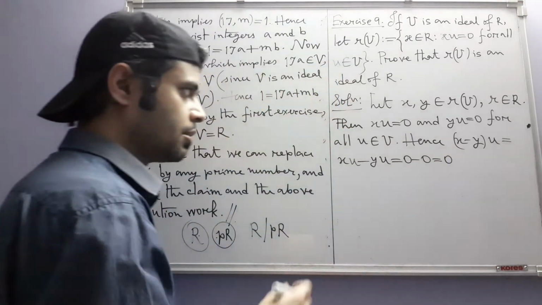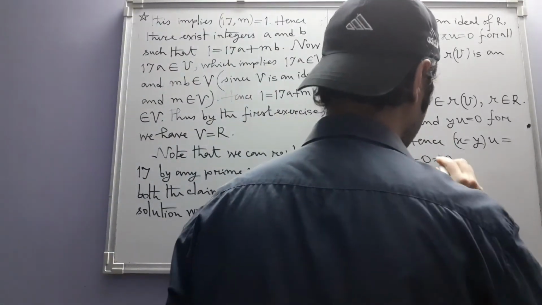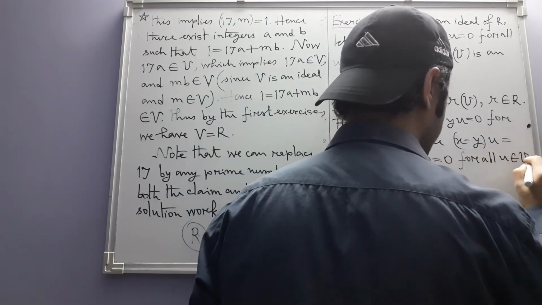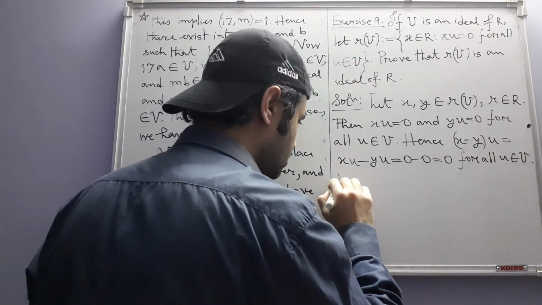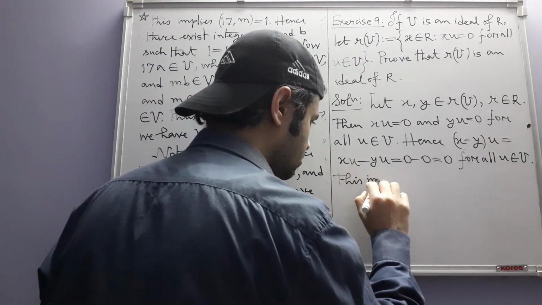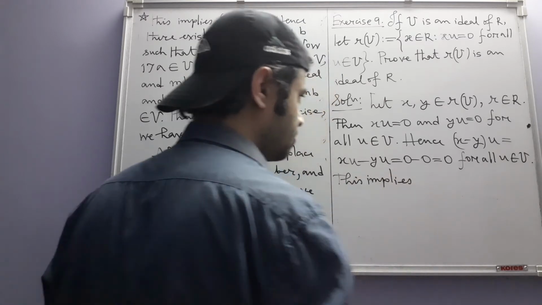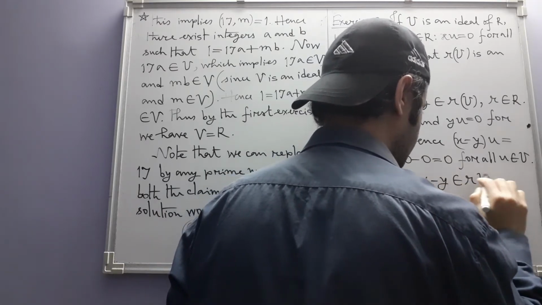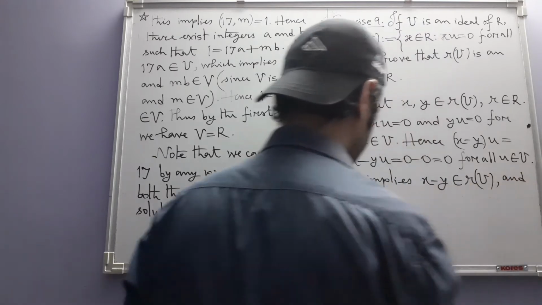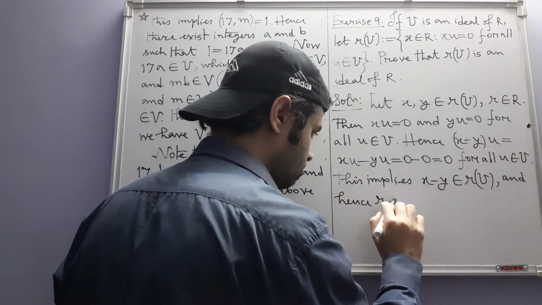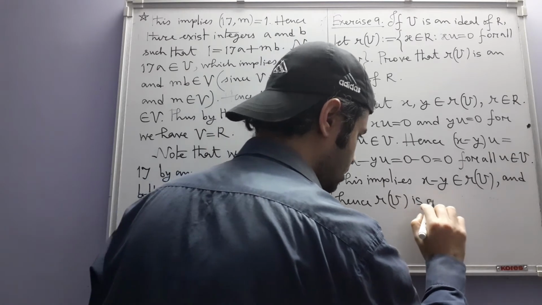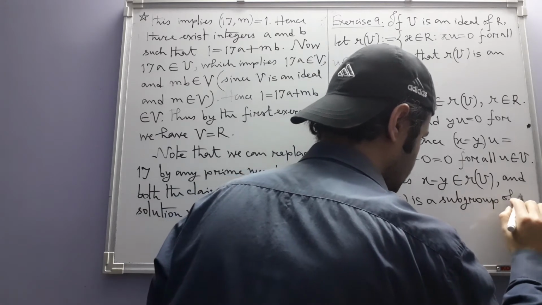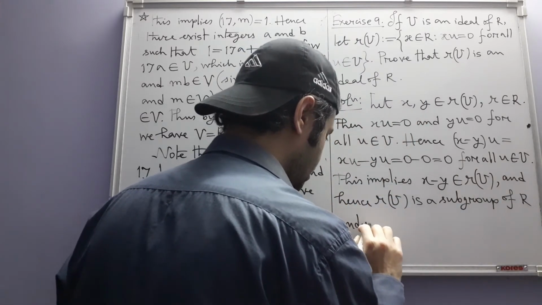So this is also equal to 0 for all U belonging to U. This implies X minus Y belongs to RU, and hence RU is a subgroup of R under addition.